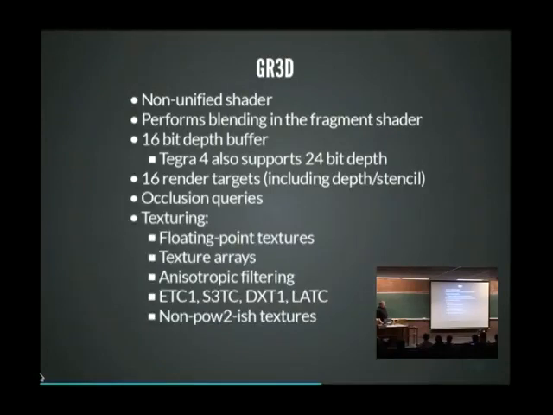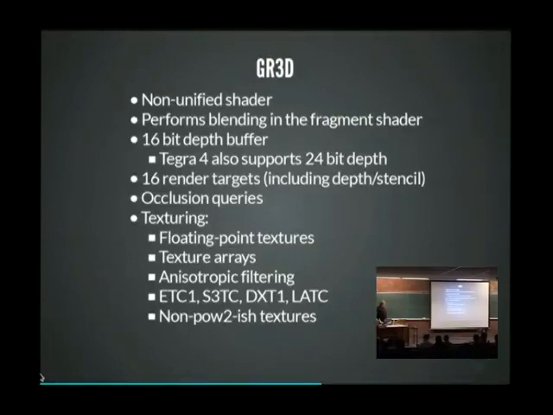It supports occlusion queries and quite a bit of texturing features, although they do have some kind of non-power of 2 textures, which is not so nice. It supports them without MIP maps, but also with MIP maps. But then, if you try to access outside of the 0-1 range, you get an undefined result.